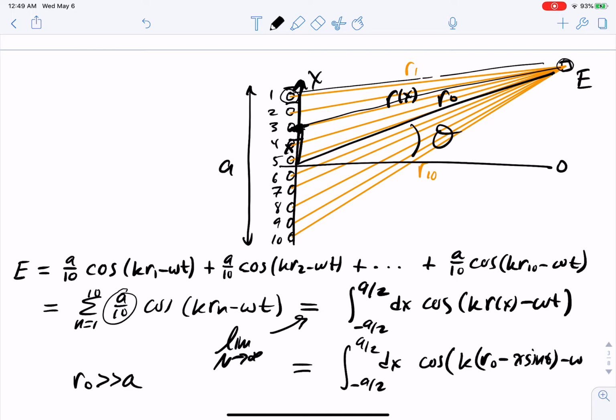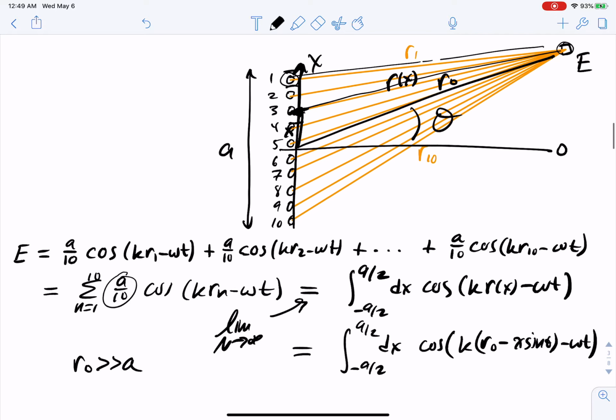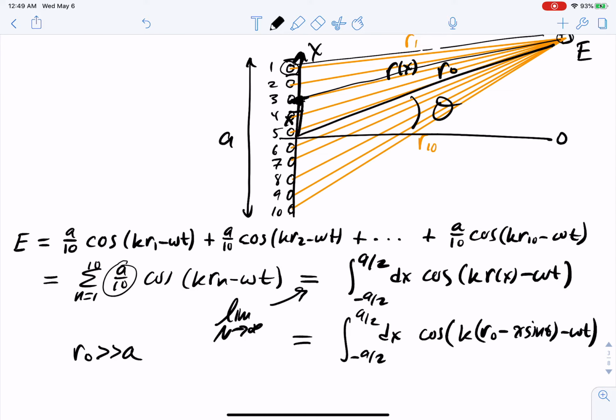I won't belabor exactly why, because we're going to look at it again in a simpler case. I'll just quickly say this little piece here is how much this path is shorter than r0. And if you look at this triangle here, you can see that since this length is x, this side is x sine theta.